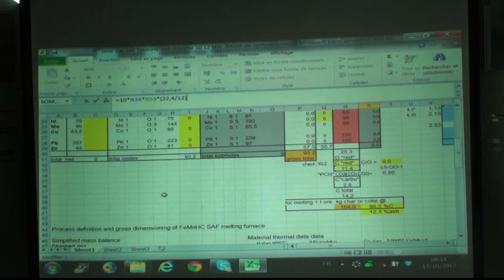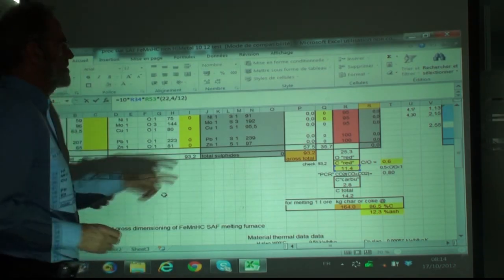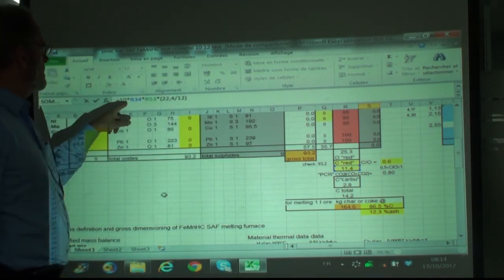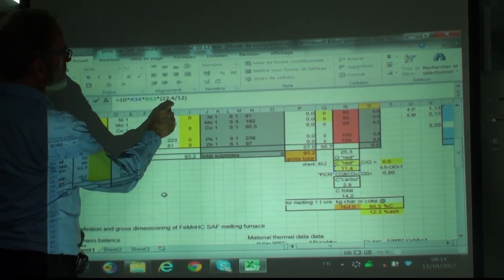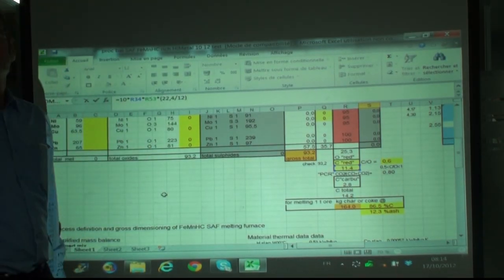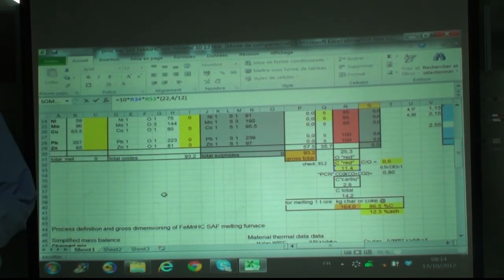So the amount of gas is the kilo of carbon times 22.4 over 12. Everybody agree?